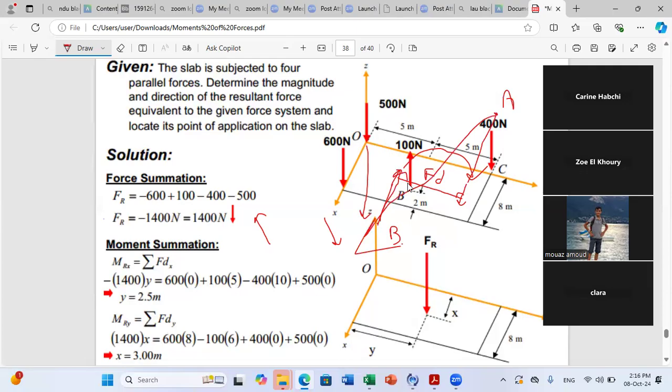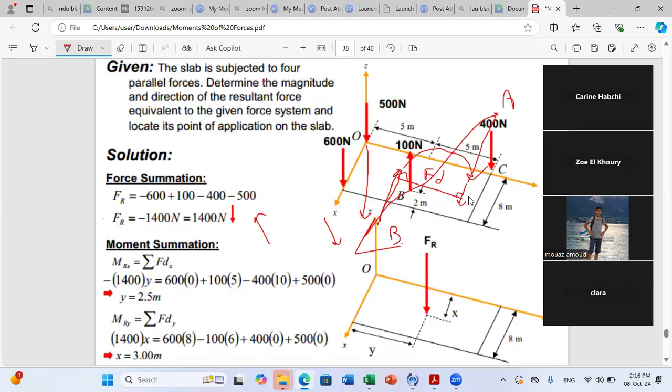You take the vector joining any point on the line of the first force to any point on the other force. So pay attention, there is a difference between the two. If you want to use cross product, you can take any 2 points, any vector position. But if you want to get the magnitude using F times D, D should be the perpendicular distance between the two forces. And we do it only in case the direction of the moment is really simple, like here, for example.